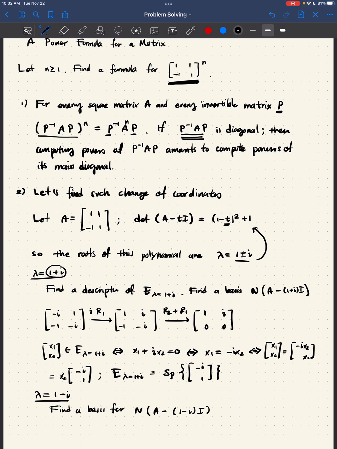Such a matrix is the following: i, 1, negative 1, i. Of course, we start with a series of reductions, just the way that we did it.